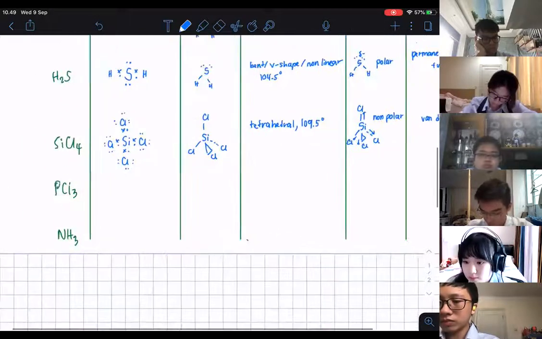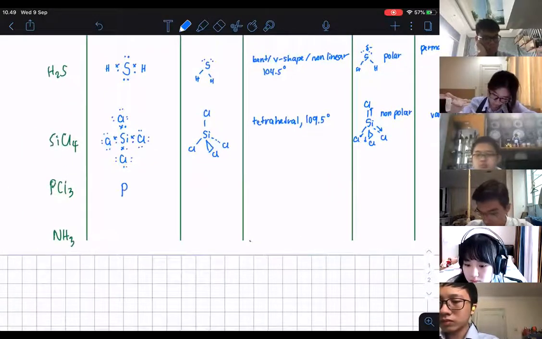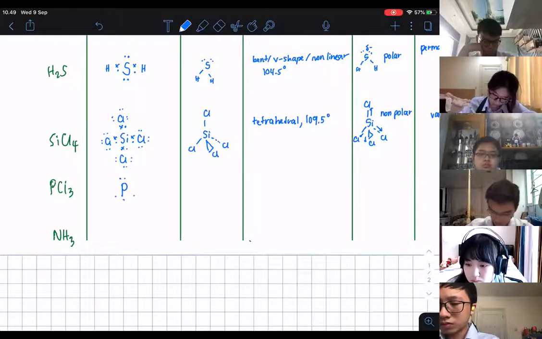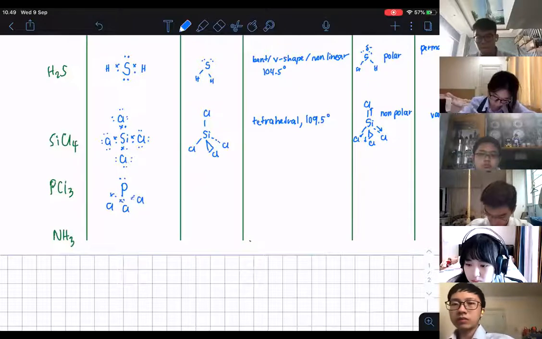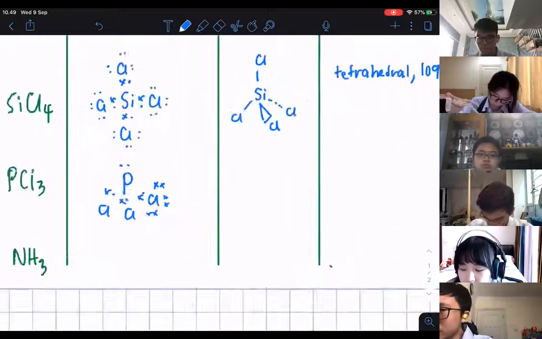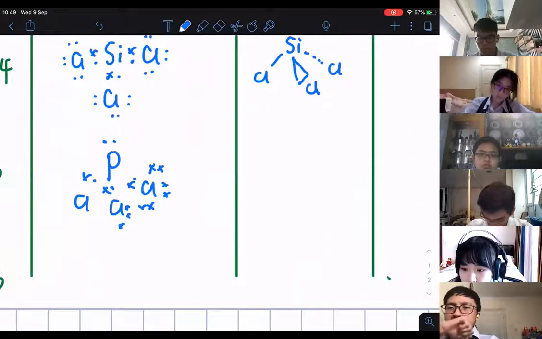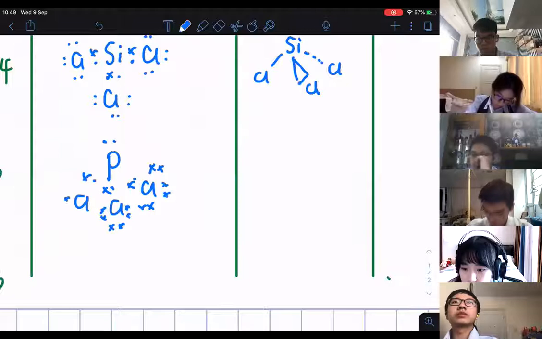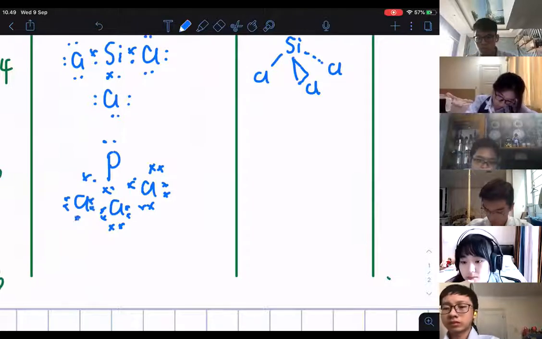Okay, another one. PCl3, phosphorus is group 15. So they have one lone pair. It's a bit messy, but it's okay.